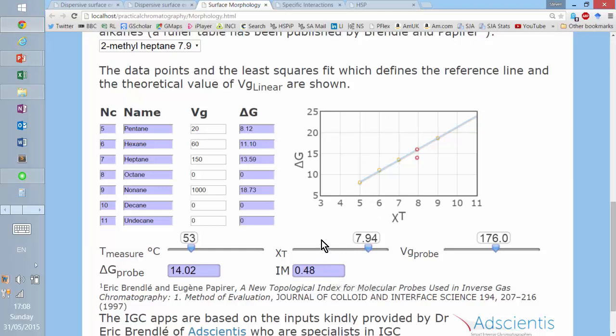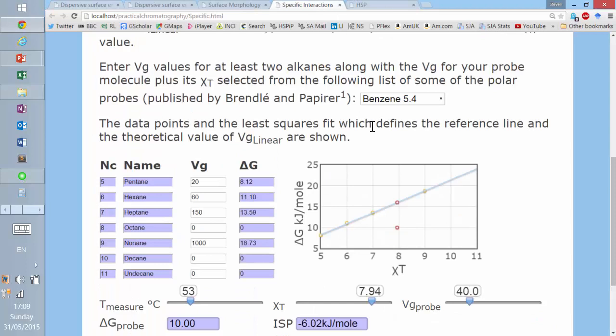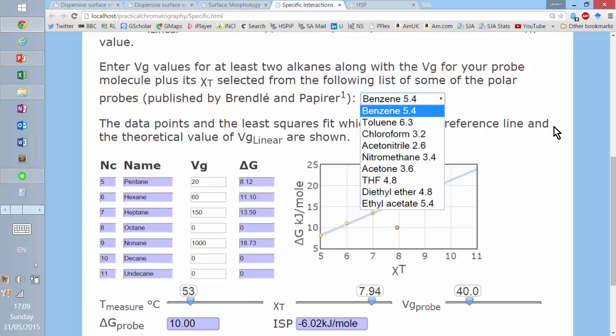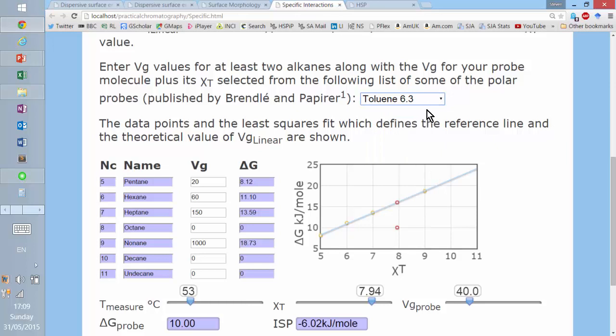So here's a way of beginning to explore the surface, and then if you want to look at specific interactions, polar interactions, then you start using other probes like, for example, toluene, which has a 6.3, so I'll give it a 6.3 there. And if the VG was, for example, 362, then we're saying there's an extra polar contribution of 4 kilojoules per mole. So that's what I'm trying to do with the IGC apps, to bring these rather complicated ideas alive so you can play with the values.